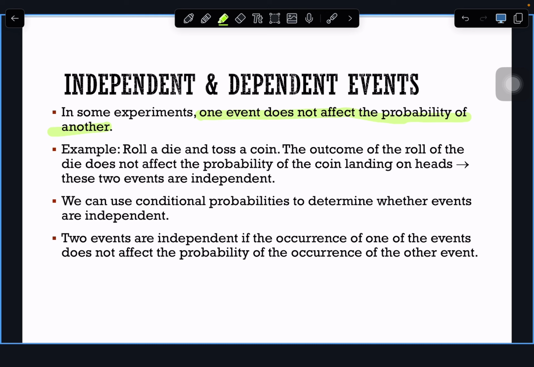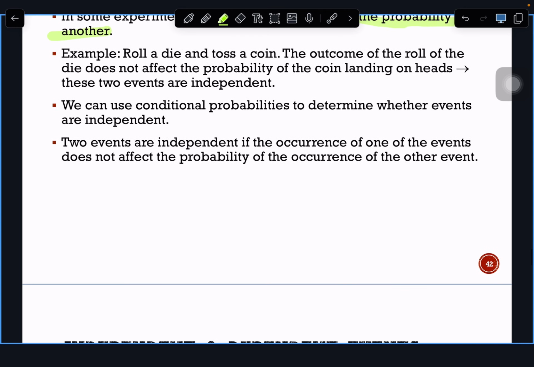Dependent events, let's say we have a bag, and let's say we have 5 green and 5 yellow.